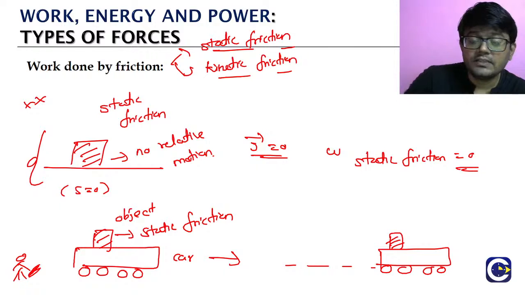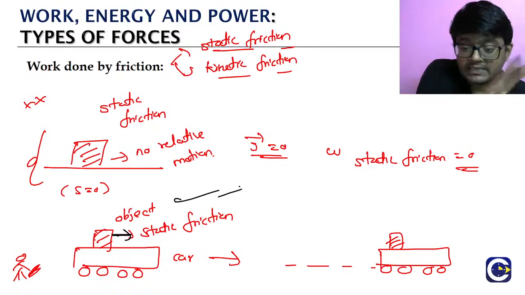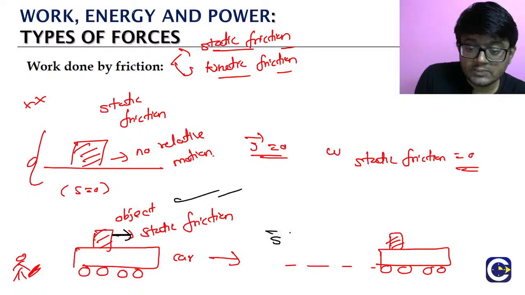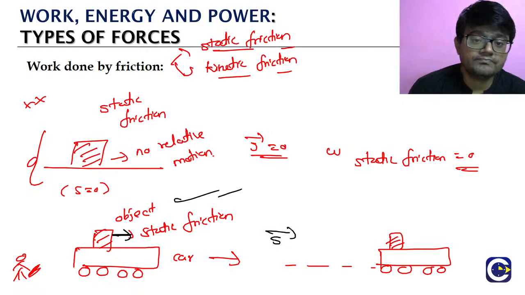On that object, the static friction will be acting in the forward direction. Since the object is moving forward, static friction is acting in the forward direction, and there is a displacement also in the forward direction.